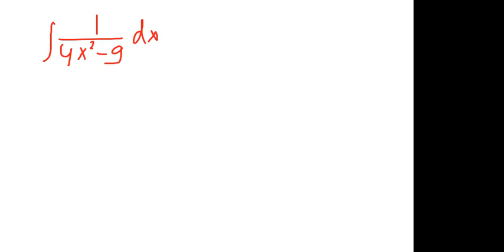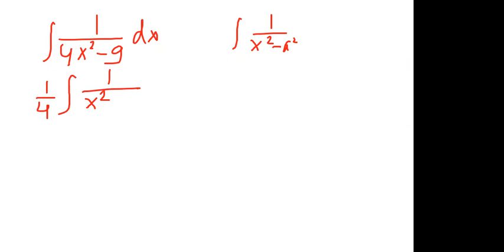The formula which we have learned is similar to this, that was 1 upon x square minus a square, meaning x square does not have any coefficient with it. So I am taking 4 common in the denominator. It will become 1 upon 4 integral 1 upon x square minus 9 by 4, that is (3 by 2) whole square, dx.